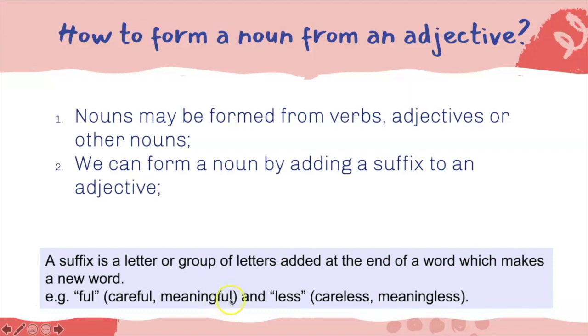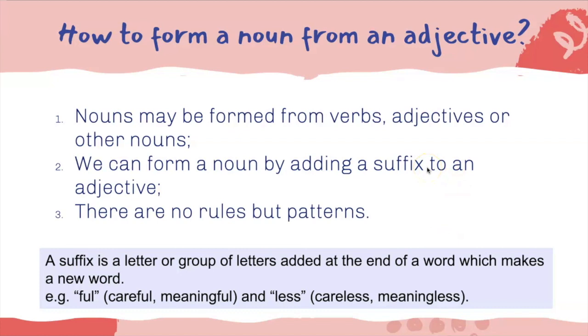We add ful at the end of the word meaning to form another word meaningful. Another example would be less. Less is another example of suffix. Like, we can add it at the end of the word care to form a new word careless. Or we can add it to the word meaning to form meaningless.